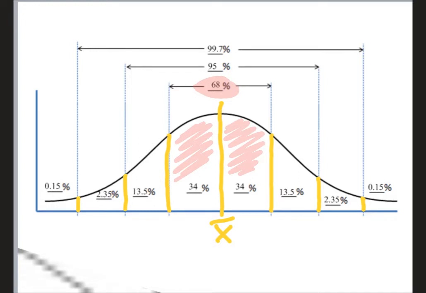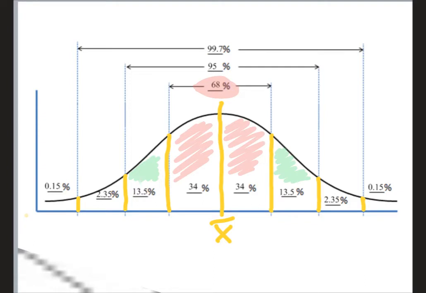We'll talk about what all this means in a little bit. But just know the first two blocks that are touching your mean are both worth 34%. The next two are worth 13.5, both of them.